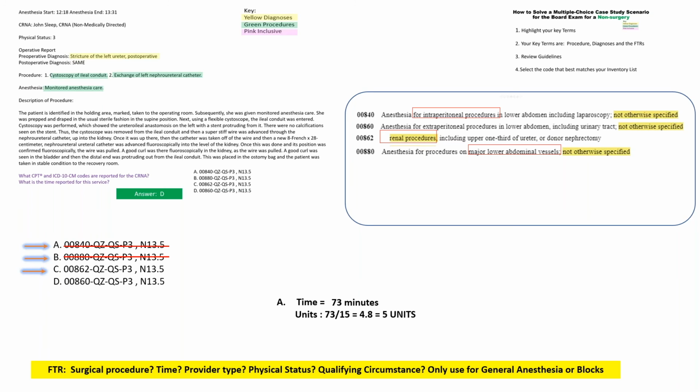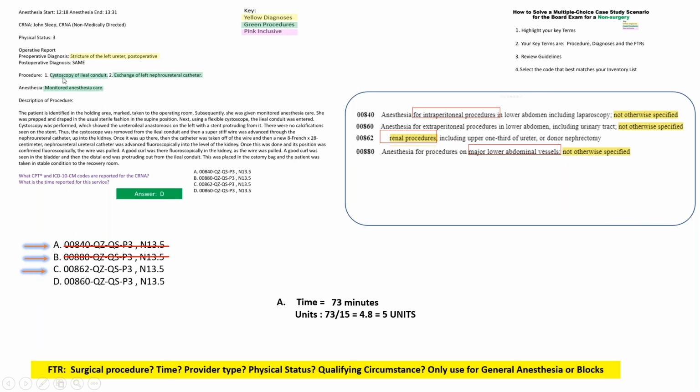But then it is renal procedures, including the upper 1/3 of ureter or donor nephrectomy. So it is very important to know what kind of procedure is performed while coding anesthesia questions of this kind, because it will help us differentiate between the correct and the wrong answer.